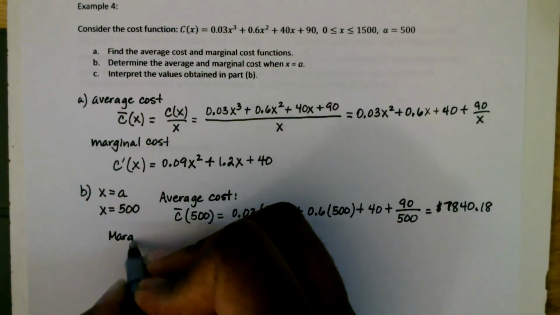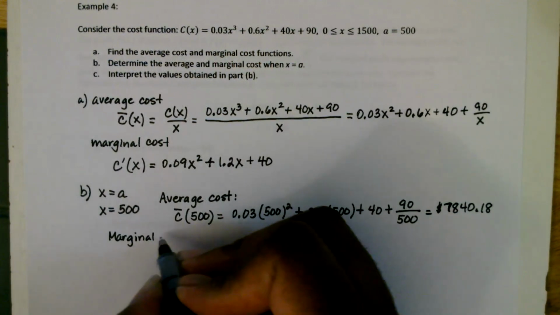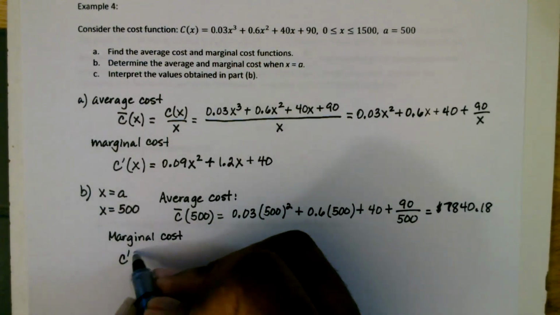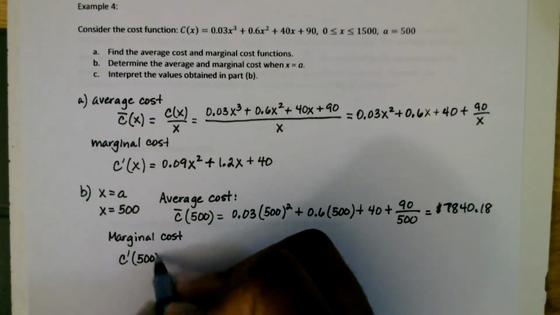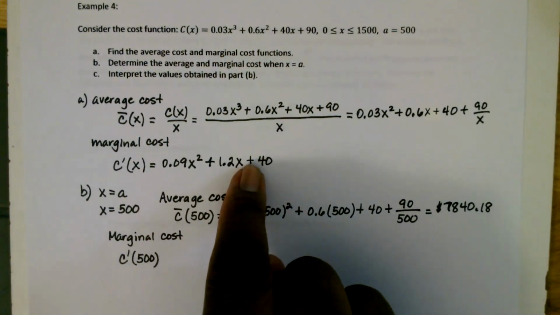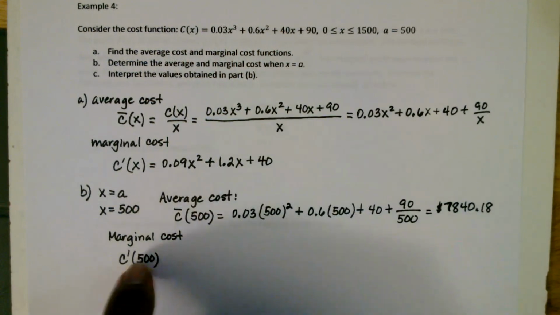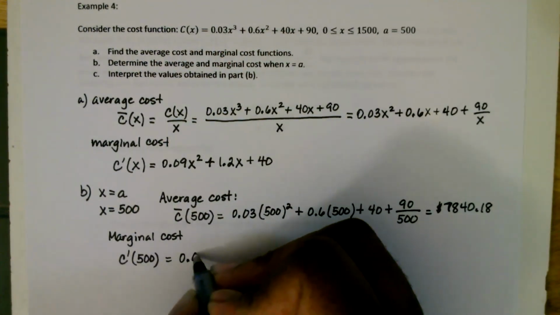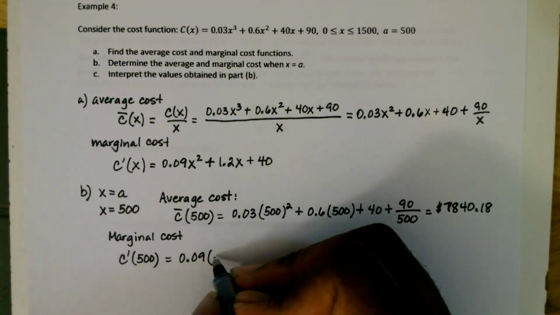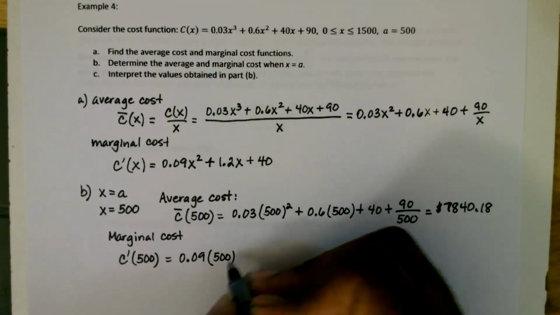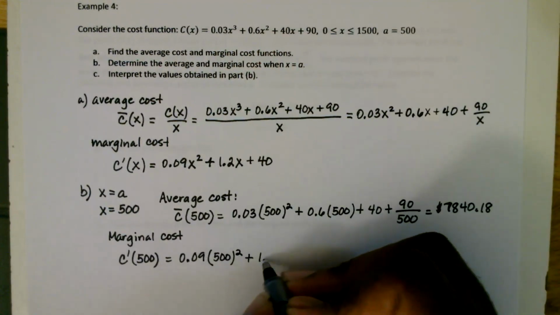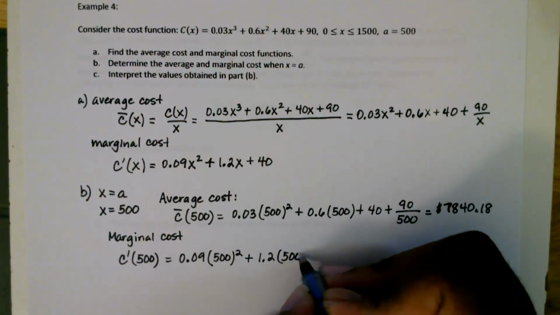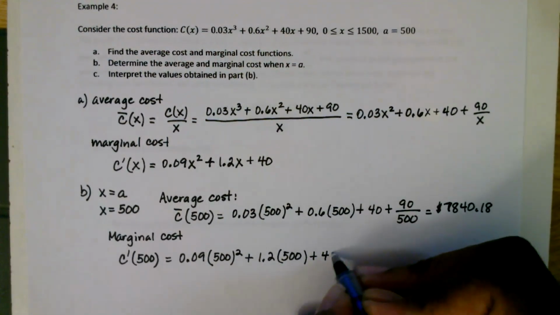Now the marginal cost. So this is C prime of 500. I'm using the first derivative here, and I'm going to substitute each x with 500. So C prime of 500 would be 0.09 times x, which is 500, and that's squared, plus 1.2 times x, which is 500, plus 40.